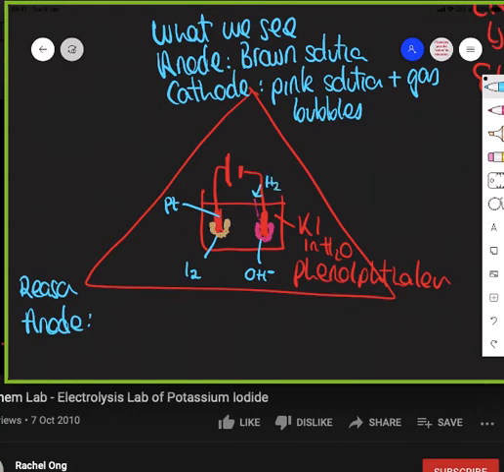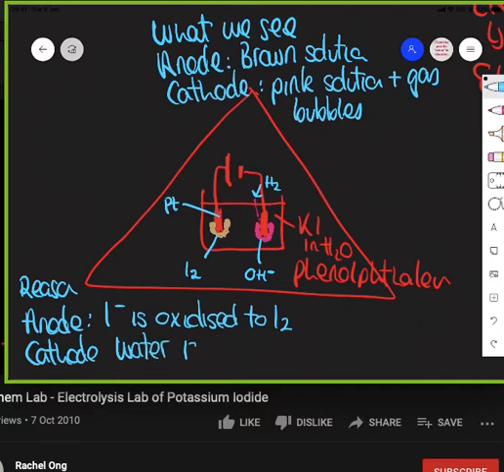So at the anode, iodide, I minus, is oxidized to iodine. And at our cathode, water is reduced to hydrogen and OH minus ions.